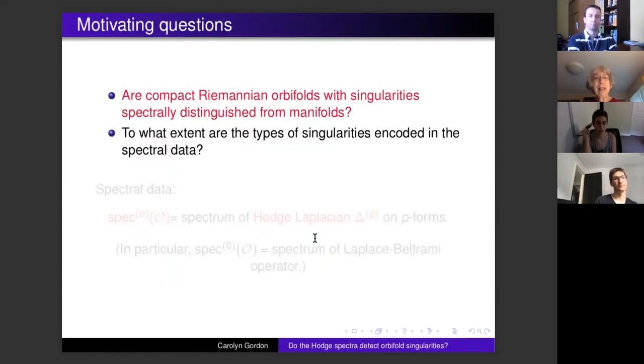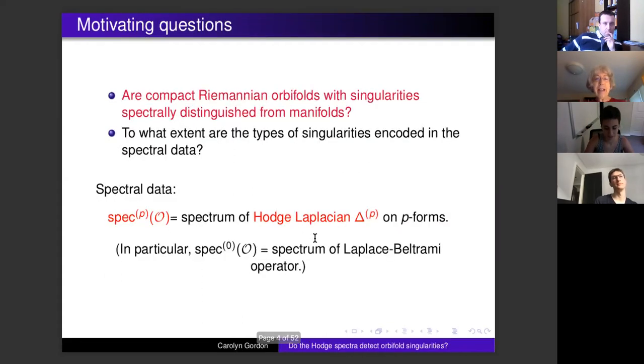So the motivating question is: orbifolds are a generalization of manifolds in which certain types of singularities are permitted. So it's natural to ask whether compact Riemannian orbifolds with singularities are spectrally distinguishable from manifolds. The class of orbifolds includes manifolds, but it's larger. And the second question, we'll focus mainly on the first, is to what extent are the types of singularities encoded in the spectral data?